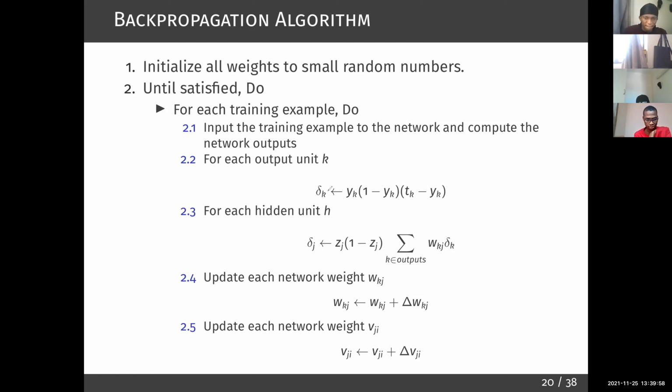And then you update this delta K, and then this delta K is multiplied by WKJ, in the output layer.